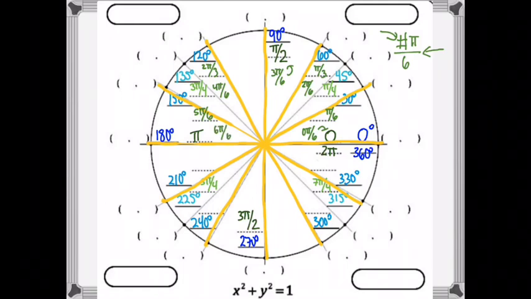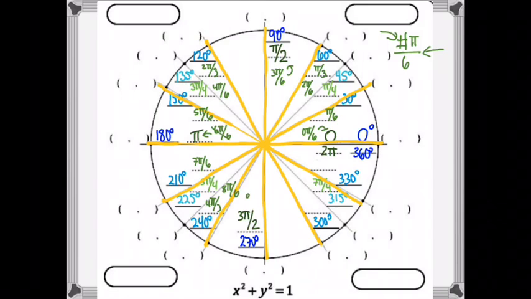6 pi over 6, where the 6's cancel out, and we just end up with pi. 7 pi over 6, can't reduce it down. 8 pi over 6, 8/6 reduces down to 4 pi over 3.